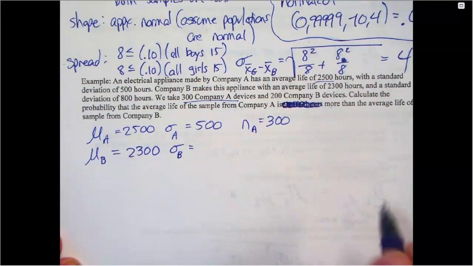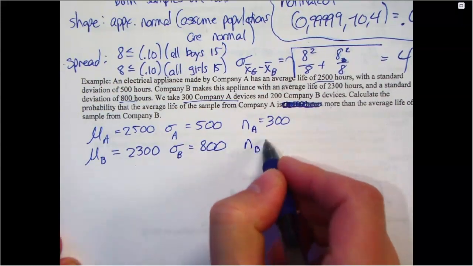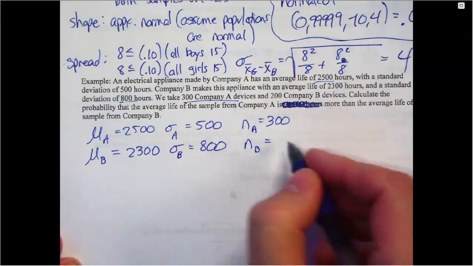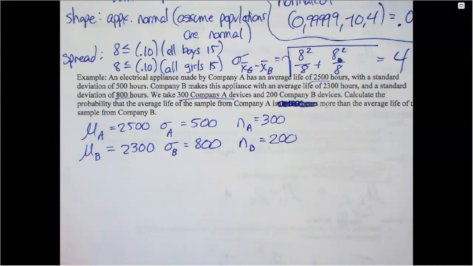The standard deviation of population B is 800. And then the sample size of population B is 200. Agree with those? Okay.